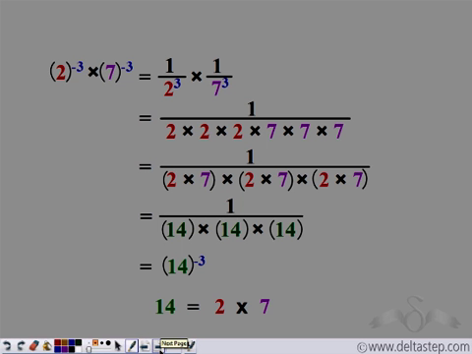So this 14 is this into this. So the base of this number is the product of these two bases, and the exponent of this number is the same as these two exponents. So we can generalize these results.